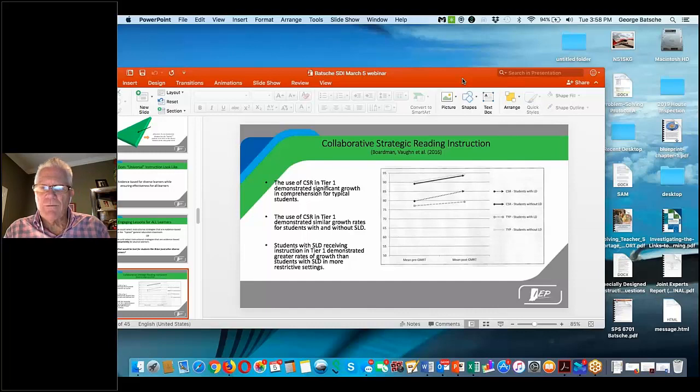You will notice that those lines are parallel. They're actually a touch, the growth rate for students with disabilities is a touch steeper or faster, but not much. And the third line is the rate of growth when those strategies are used, but not in Tier 1, either in some kind of a pull-out, or not being taught in Tier 1.